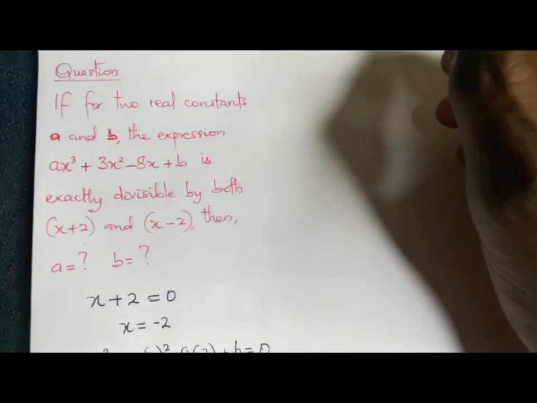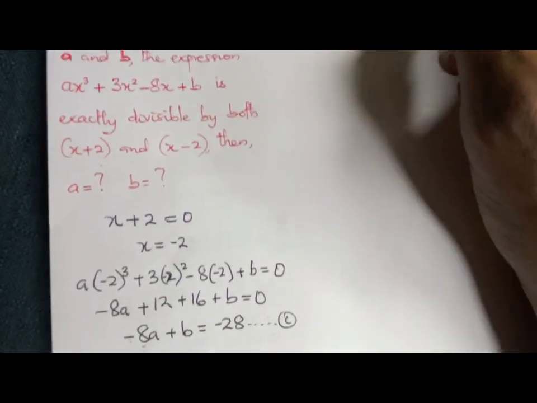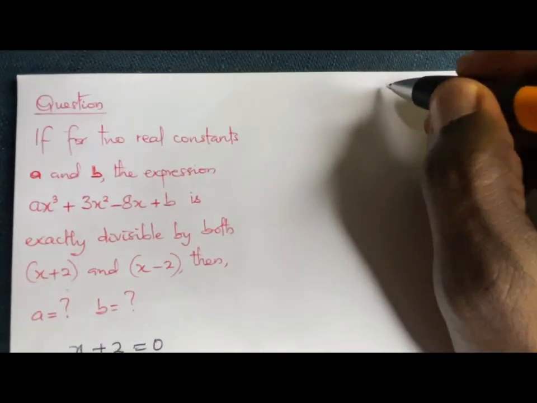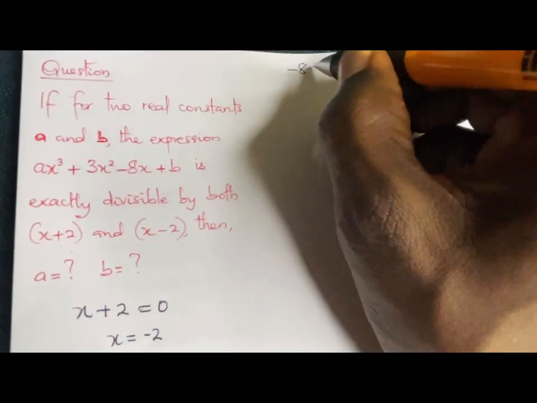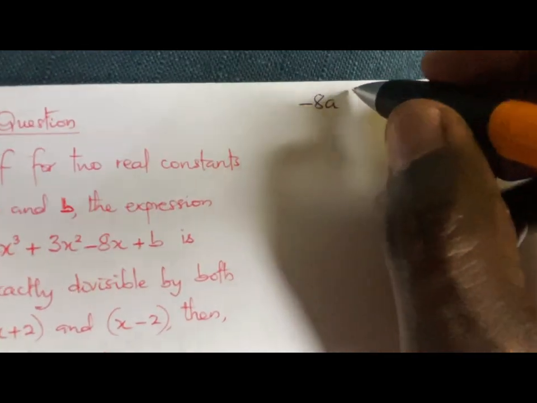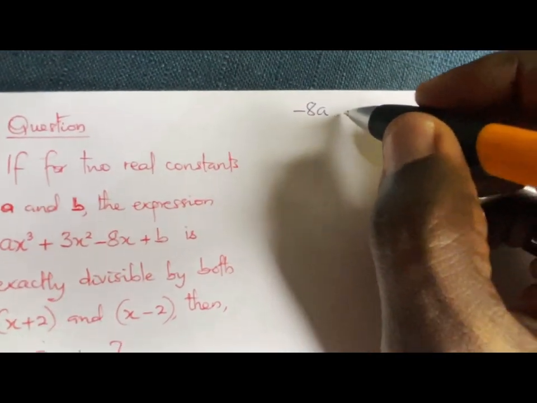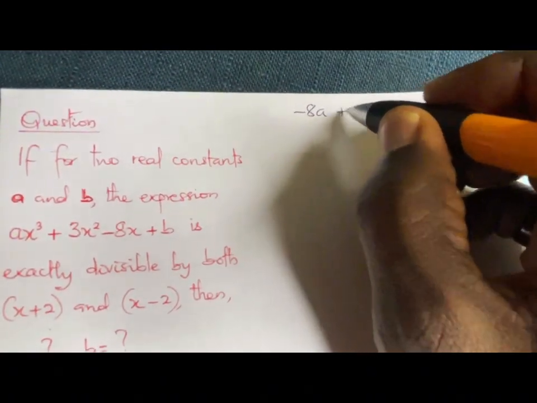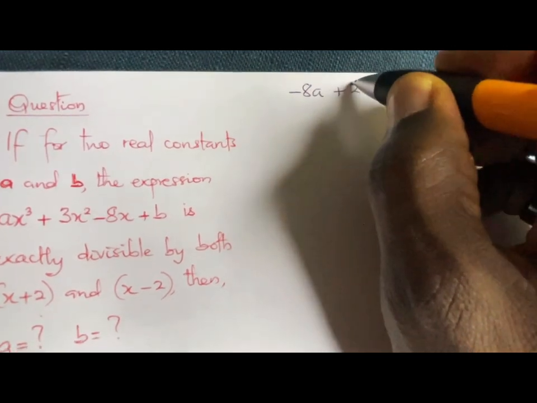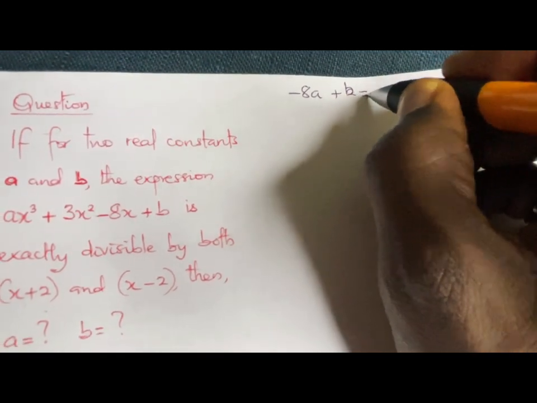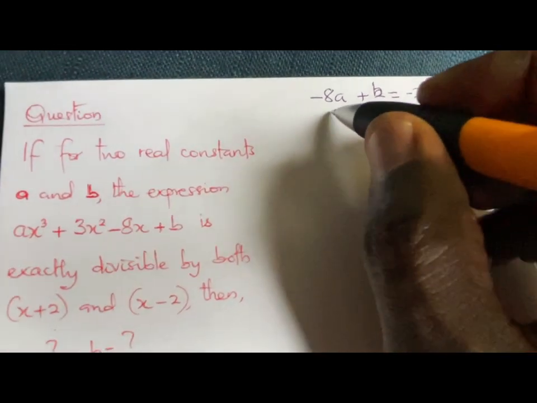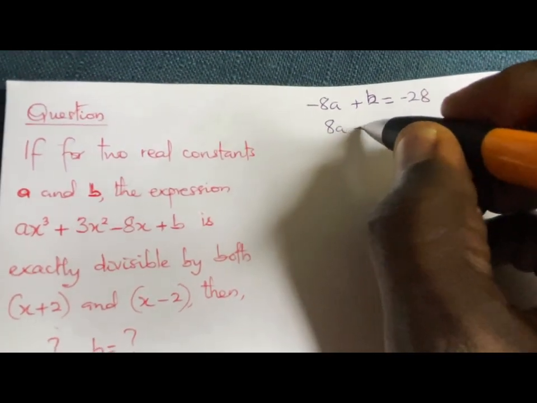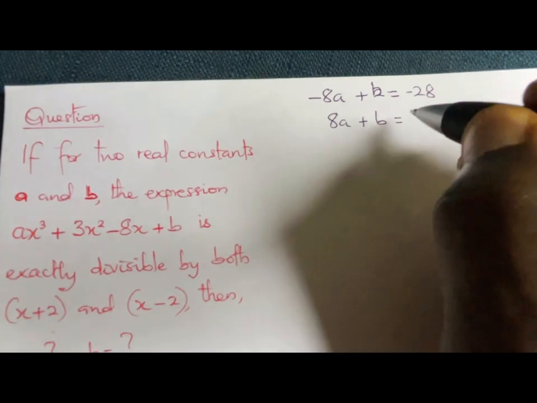So you're having my equation 1, which is negative 8a plus b equals negative 28. Then you have 8a plus b equals 4.